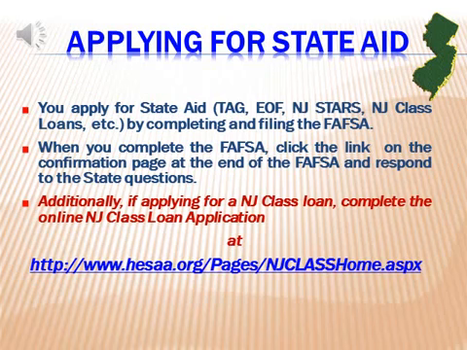Applying for state aid. You apply for state aid, that's TAG, EOF, New Jersey Stars, New Jersey CLASS loans, etc., by completing and filing the FAFSA. When you complete the FAFSA, click the link on the confirmation page at the end of the FAFSA and respond to the state questions.